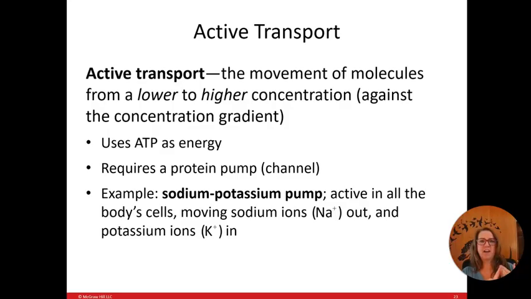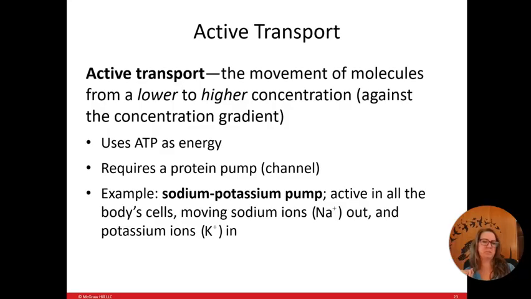We're going to go from low to high, and we need a pump, right? So we need a special thing that's going to be doing this. It's not just going to passively move across the plasma membrane. And a really excellent example of this is a sodium-potassium pump. So we use sodium-potassium pumps for action potentials in the nervous system, so sending those signals along the axon membrane.